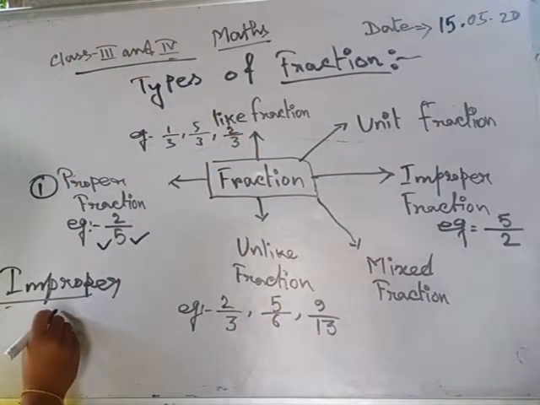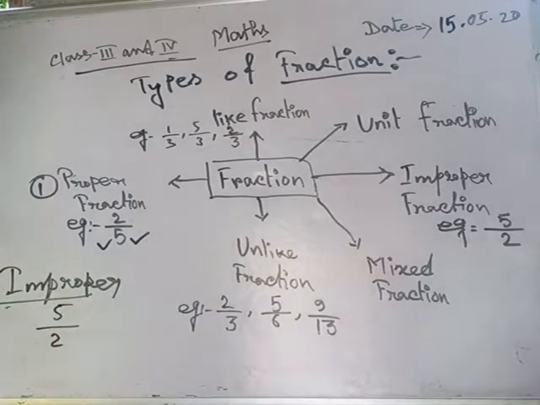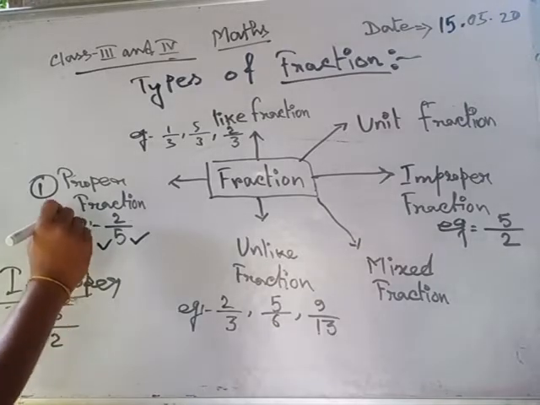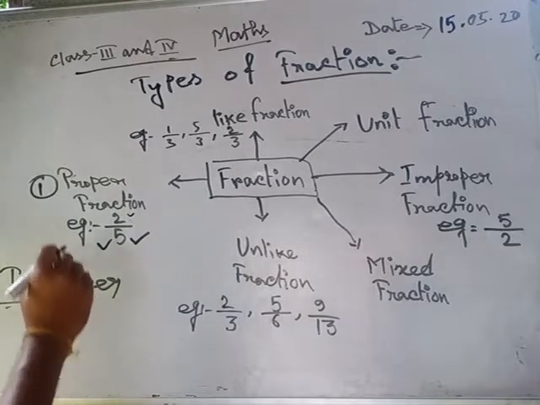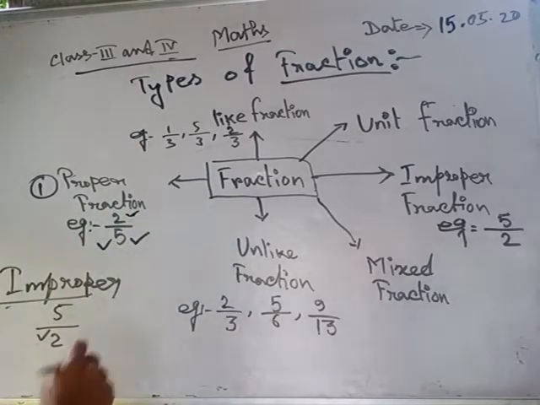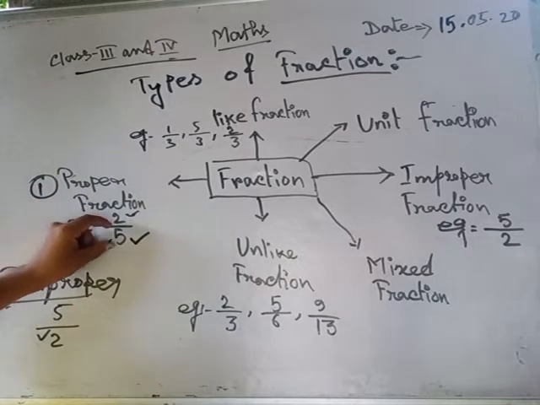That means the upper portion is greater than the lower portion. If the upper portion is smaller than the lower portion, it is called a proper fraction. Also, when it is a proper fraction, the denominator is greater.